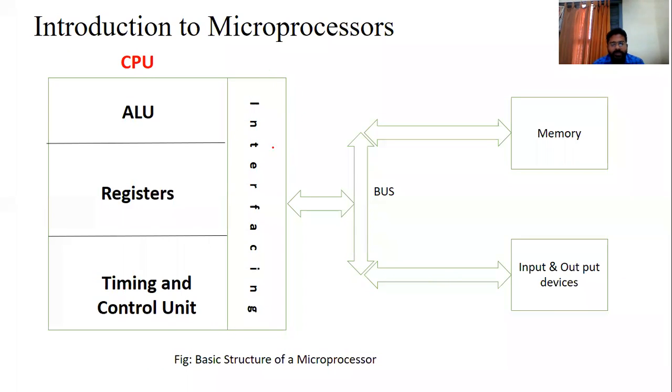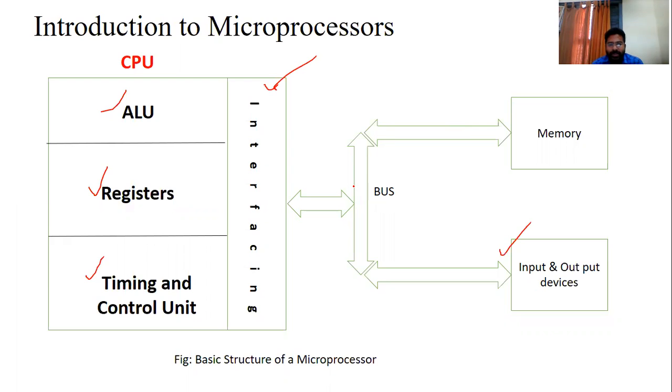It is very essential for you to understand each and every block that is present in this CPU, as well as the buses and input output devices, as well as the interface. Then only you can easily understand the total architecture of the microprocessor, and how this microprocessor works.